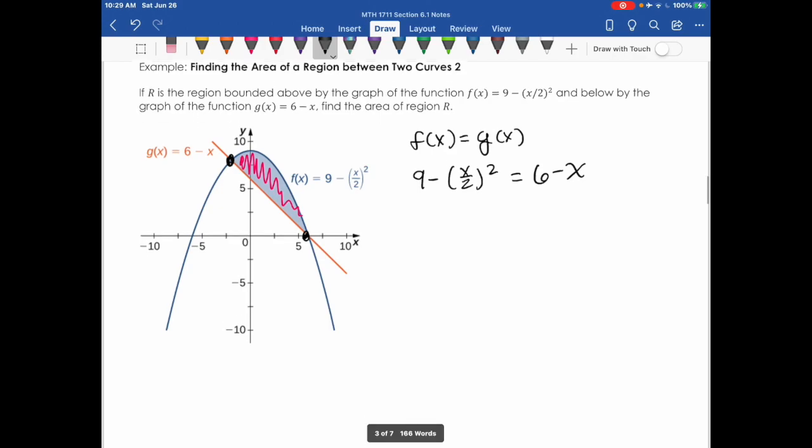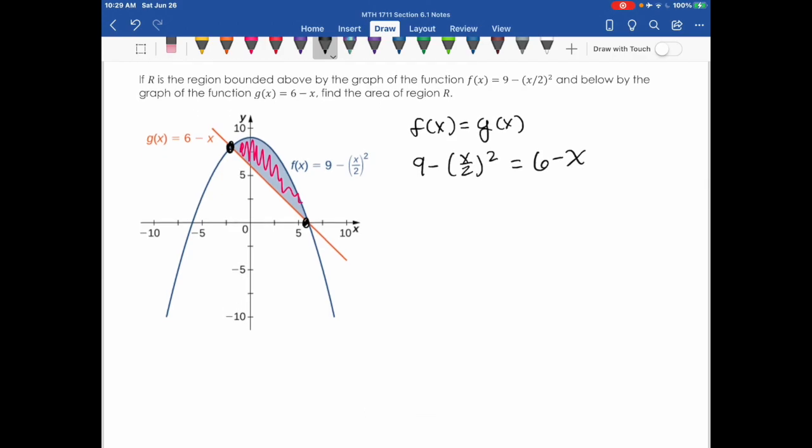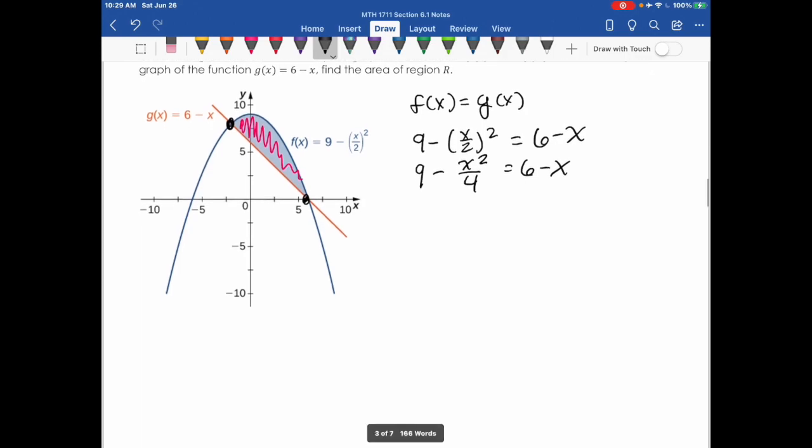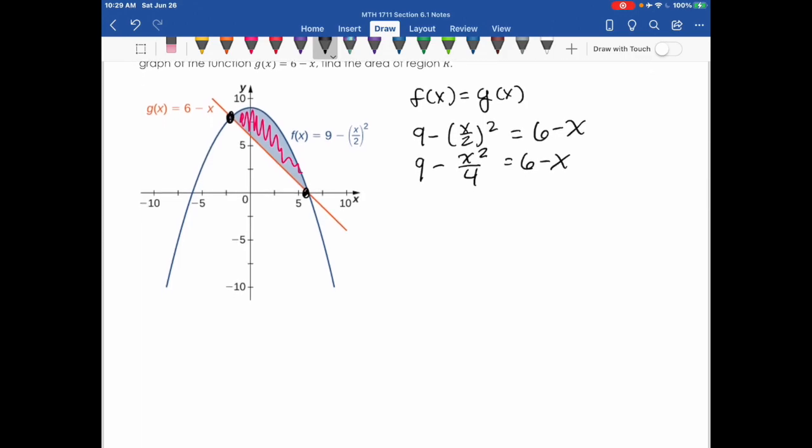So we have 9 minus (x over 2) squared is equal to 6 minus x. I'm going to simplify this (x over 2) squared and write it as x squared over 4.